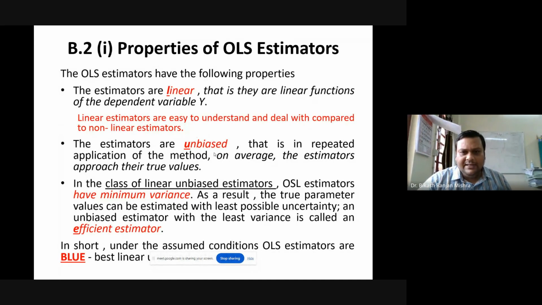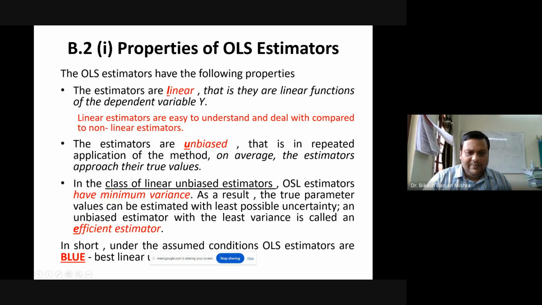On that basis, the concept of unbiasedness comes. That means 30 people's analysis can give you that much clarity, that much scientific rigor, that it will give a similar interpretation for a very large population. That is the concept of unbiasedness here.